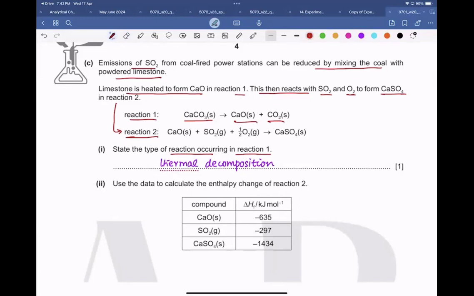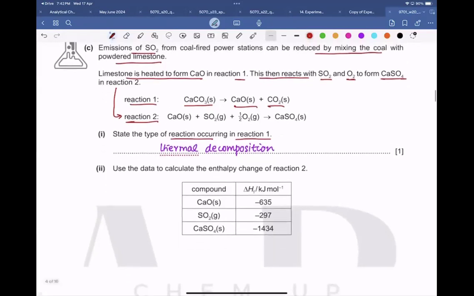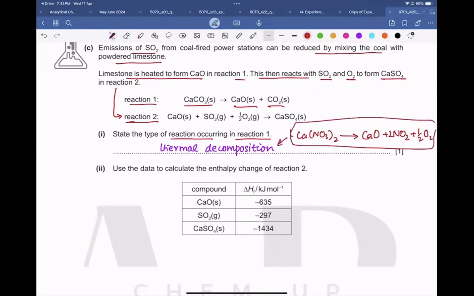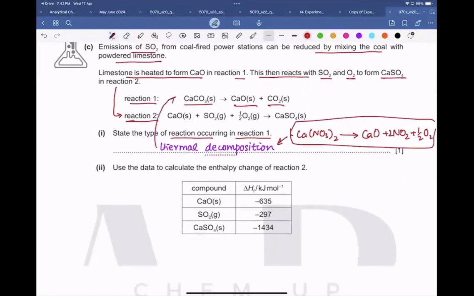Like for example, if you recall the reaction of metal nitrates, when calcium nitrate decomposes, it also forms calcium oxide, 2 moles of nitrogen dioxide and half a mole of oxygen. But see, this is ionic as well. So ionic bonds are very strong. If the examiner asks which type of chemical reaction this equation is, it is also considered thermal decomposition, and this one as well, because the ionic compound is turning into simpler ones.